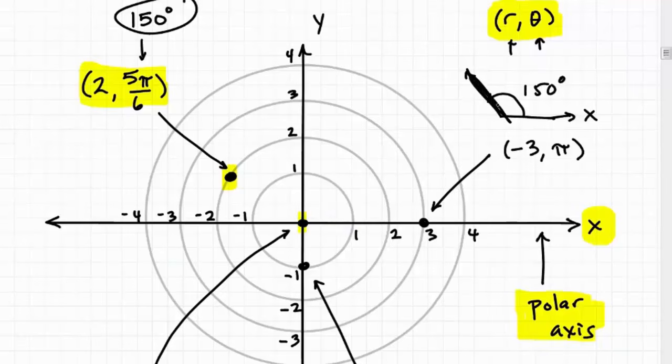This is 150 degrees. So from here, this angle opens up like so and stops there. And then our radius is 2, so it's going from the origin, the pole, out to 2, and there is my radius.